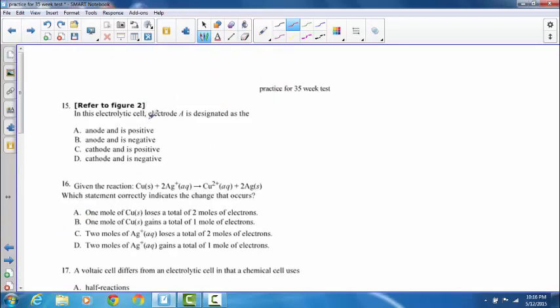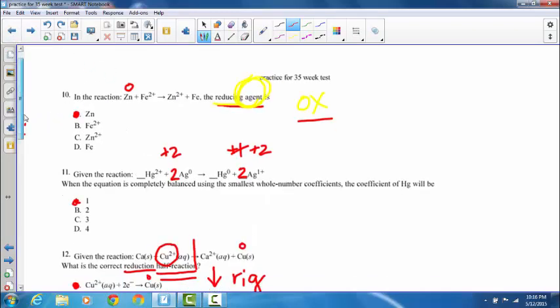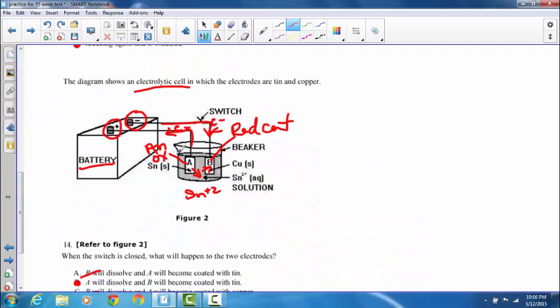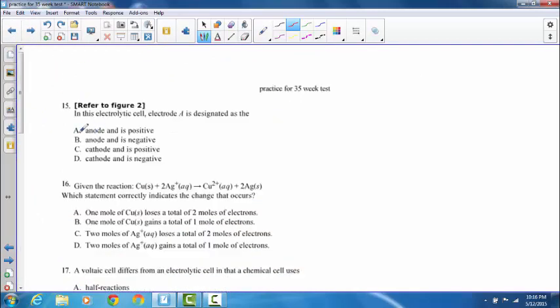Next question. In this electrolytic cell, electrode A is designated as the. So I got to go back. A. Right here, that was my anode. That's where oxidation occurs. So it was my anode, and it was positive because of the battery, because it's an electrolytic cell.